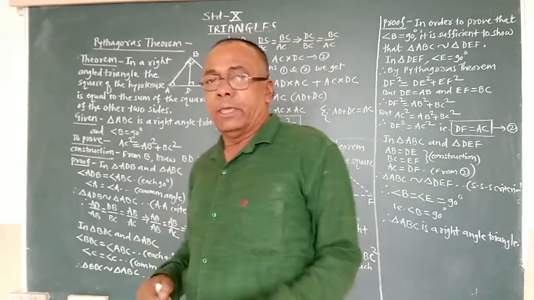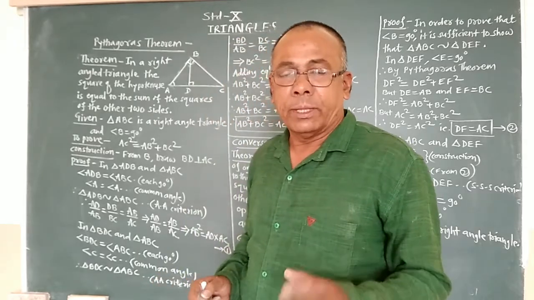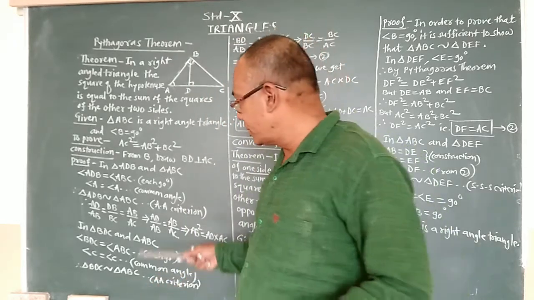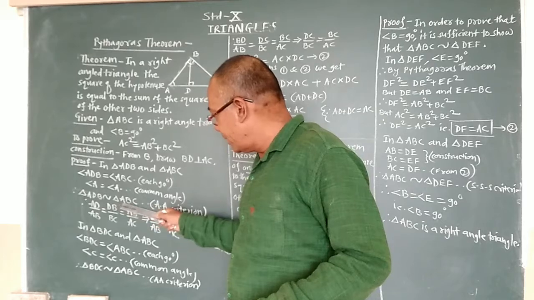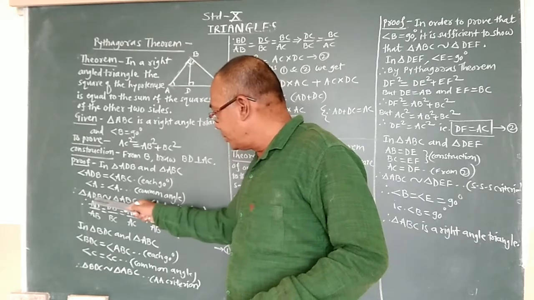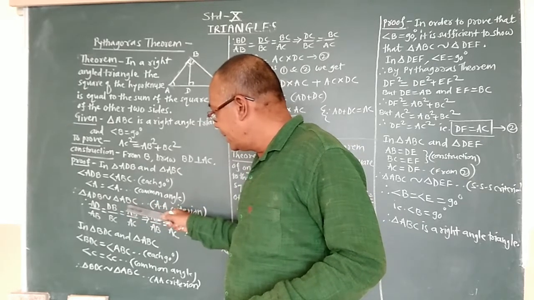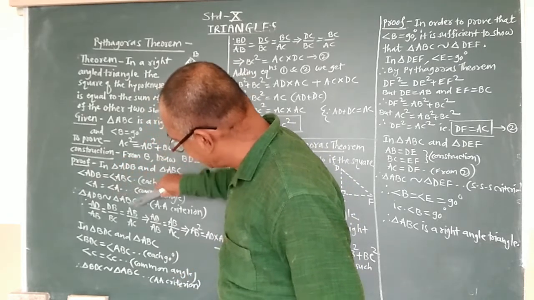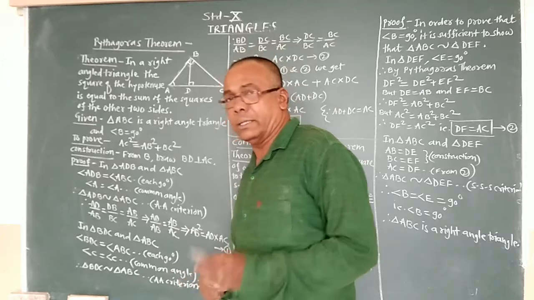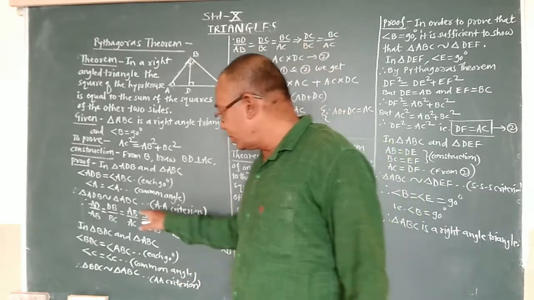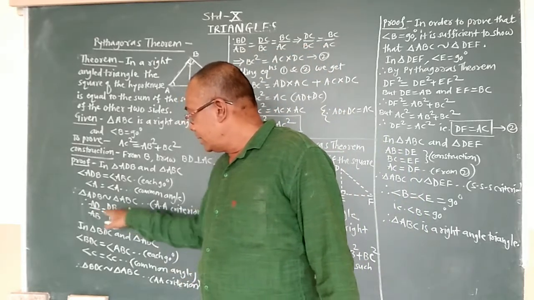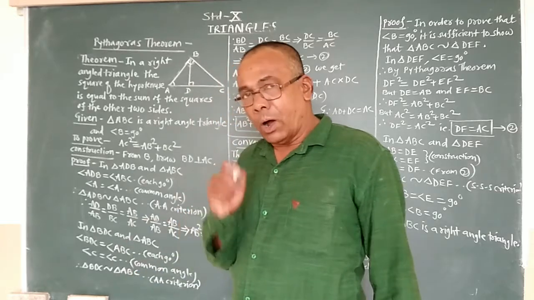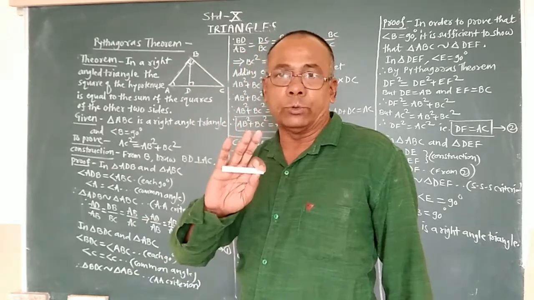Now we know that if both the triangles are similar, then corresponding sides are proportional, means AD upon AB is equal to DB upon BC is equal to AB upon AC. Now here we got three ratios, but out of them we have to select two.